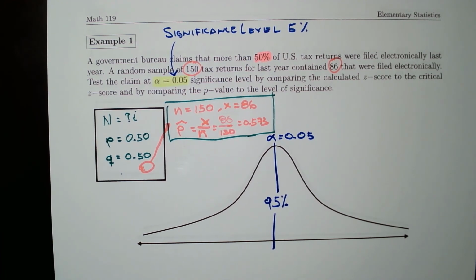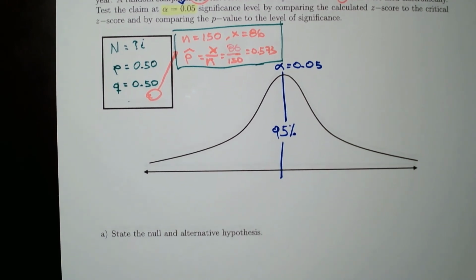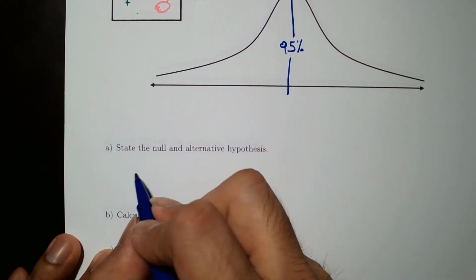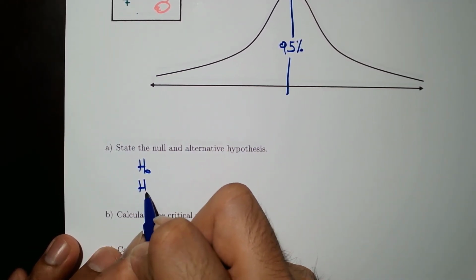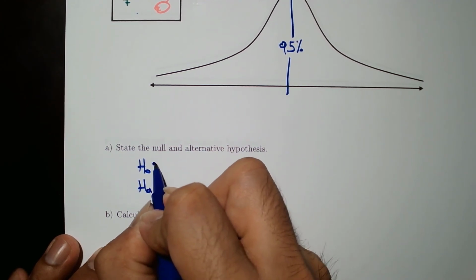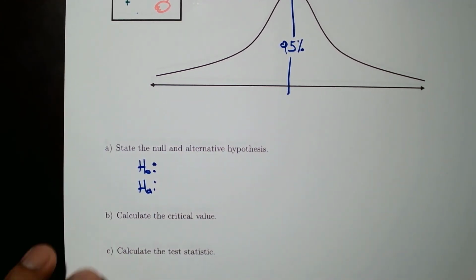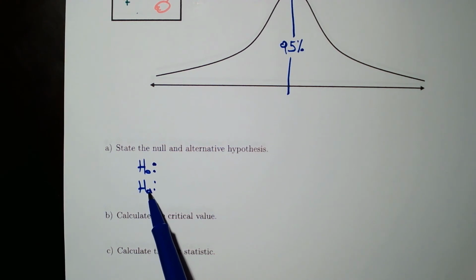All right, so what are we going to do here? First of all, let's state H0 and HA, or H0 and H1. Different books use the letter A for the alternative, other books use the number 1. We're going to use the letter A as a subscript. So what is the research claiming?